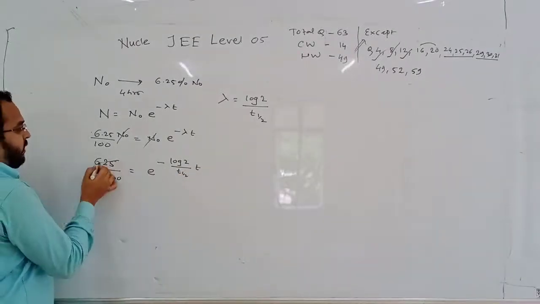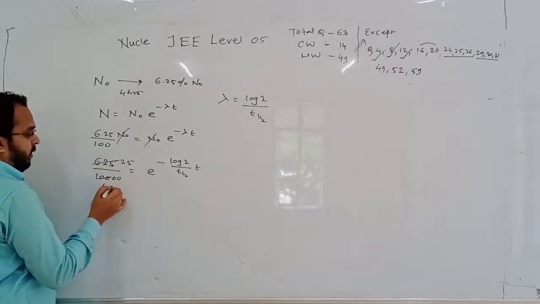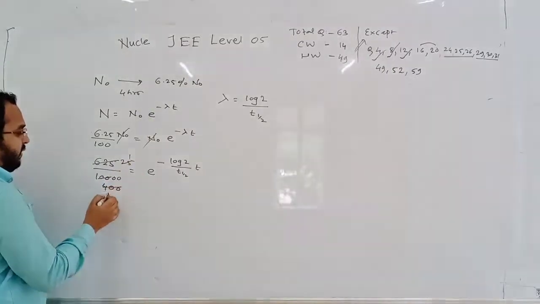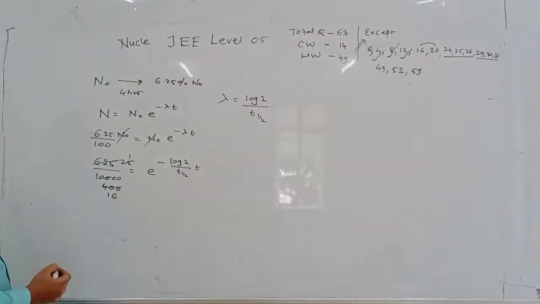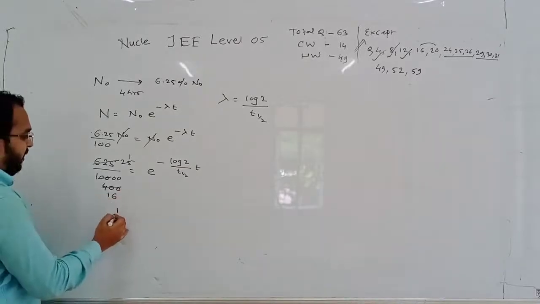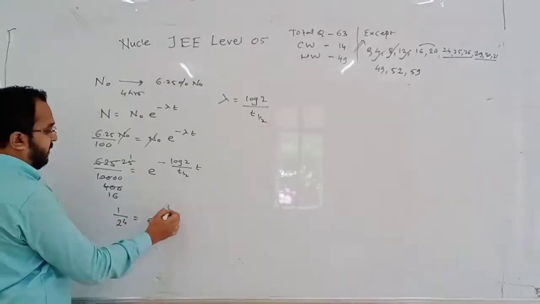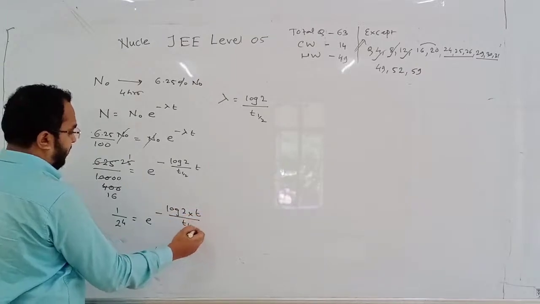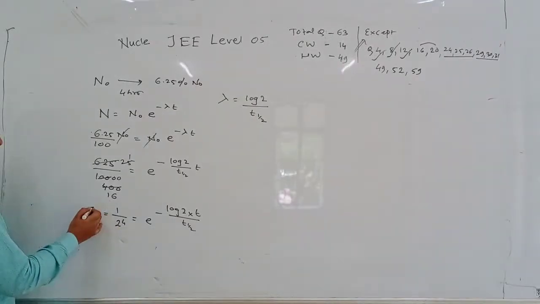This 1 by 16 can be written as 1 by 2 to the power 4, equal to e to the power minus log 2 into t upon t half. Now this 1 upon 2 to the power 4 can be written as 2 to the power minus 4.